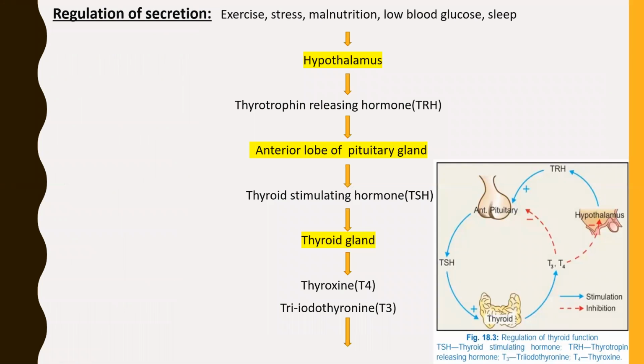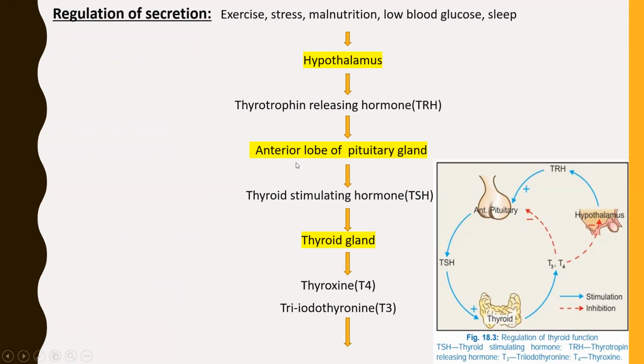Then regulation of secretion. Exercise, stress, malnutrition, low blood glucose and sleep all stimulate the hypothalamus. Then hypothalamus secretes thyrotropin releasing hormone TRH. Then this thyrotropin releasing hormone acts on the anterior lobe of pituitary gland.